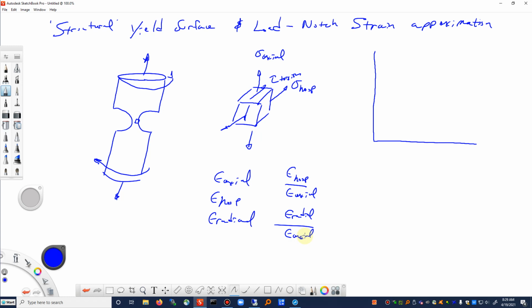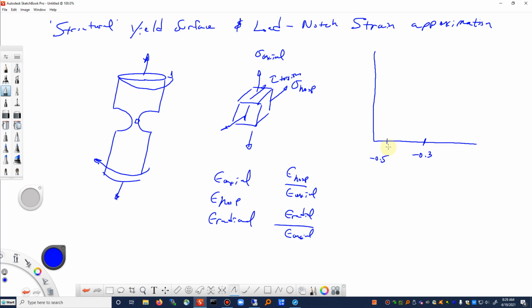And it would transition to minus 0.5. Okay, so I'm going to draw these plots. So it starts off here at minus 0.3, and it transitions over to minus 0.5.